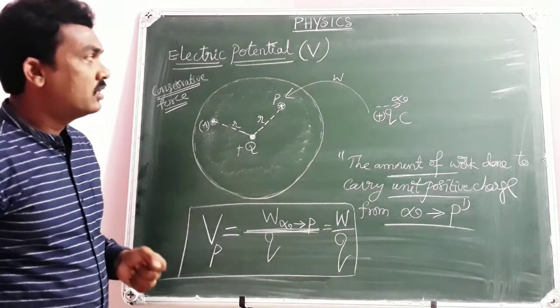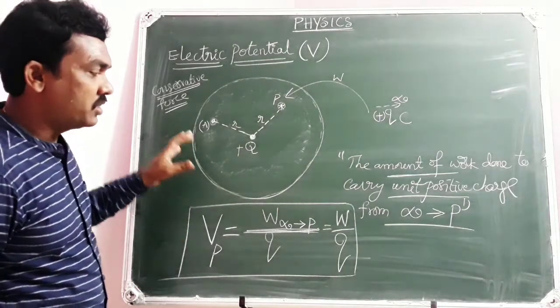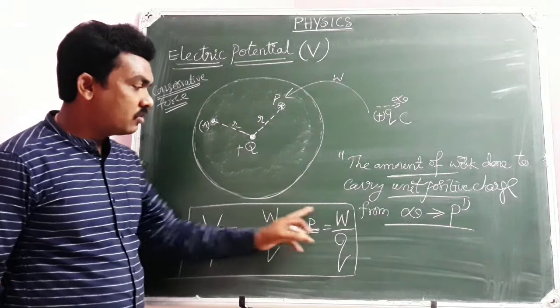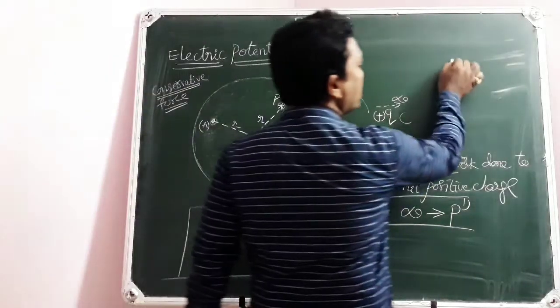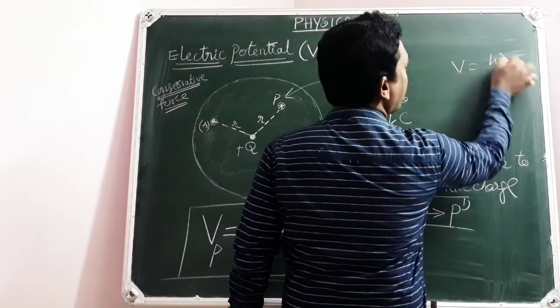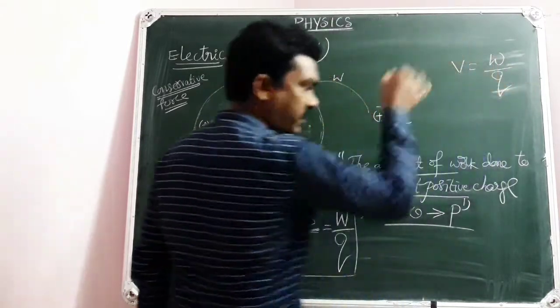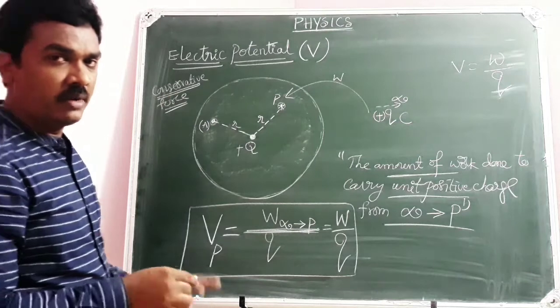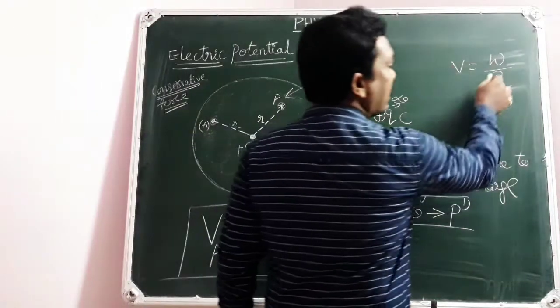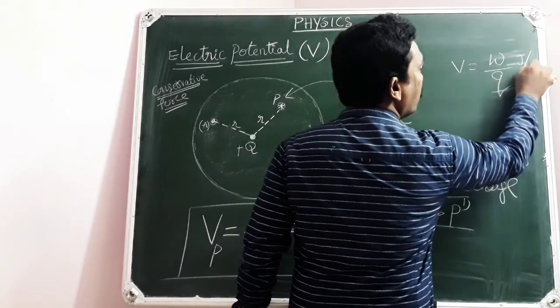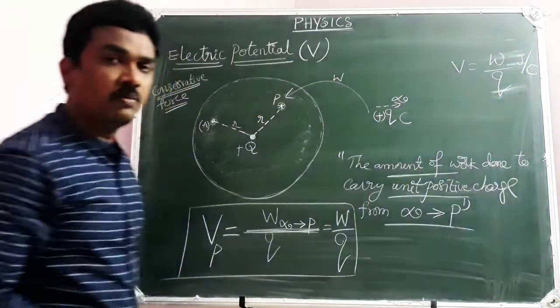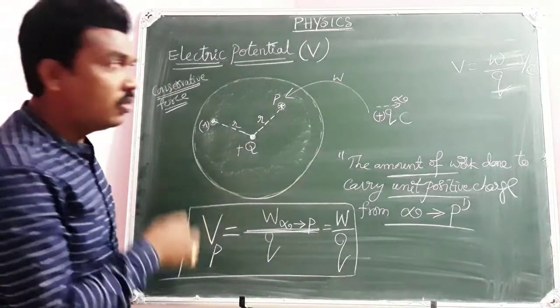So I have given you the definition of electric potential and its formula: V is equal to W by Q, which is the electric potential at a particular point. Now here, work done is measured in joule and charge is measured in coulomb. So the unit of electric potential is joule per coulomb.